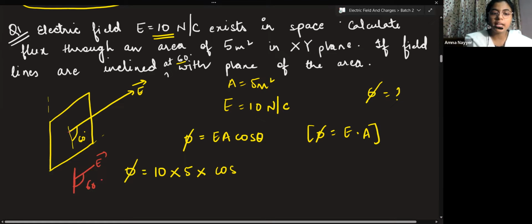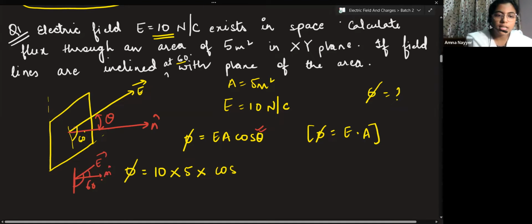First, you have to take the perpendicular to it. This is the area vector that I was talking about. Then you have to consider the angle between the area vector and the electric field. This is the theta that is used in this formula, EA cos theta. You don't have to consider this angle. You have to consider the angle between the electric field and this area vector, n cap.